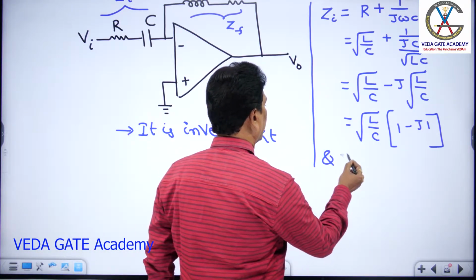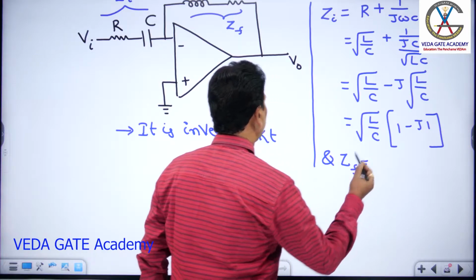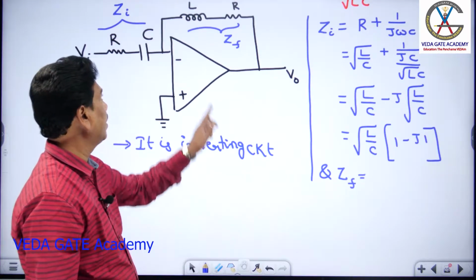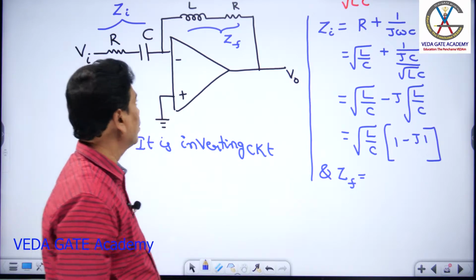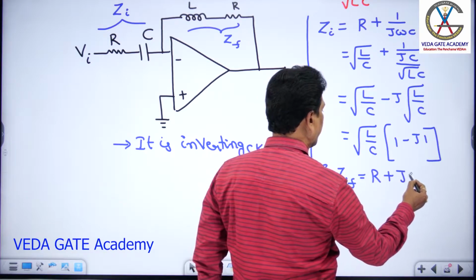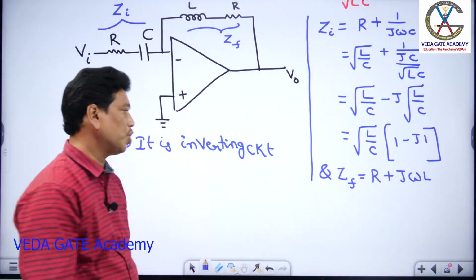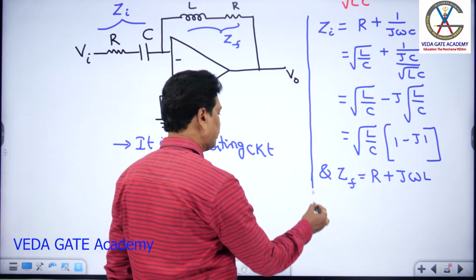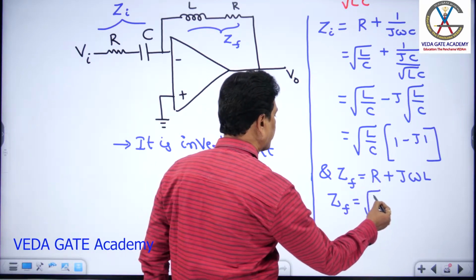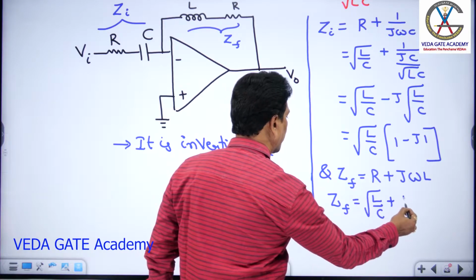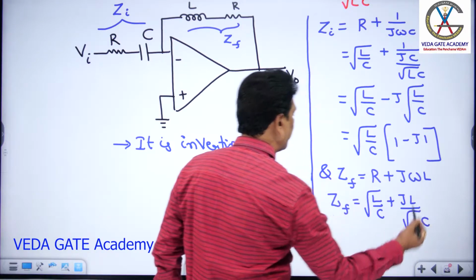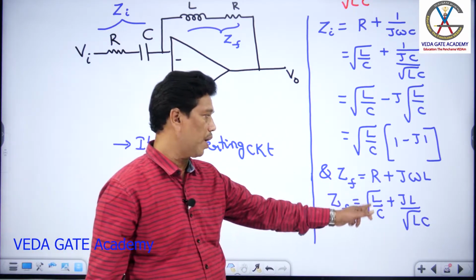ZF is the feedback impedance considered by L and R. That is also a series combination of L and R, equal to R plus j omega L. Now ZF equals R, which again I rewrite as root of L by C, plus j L omega, with omega equal to 1 by root LC.